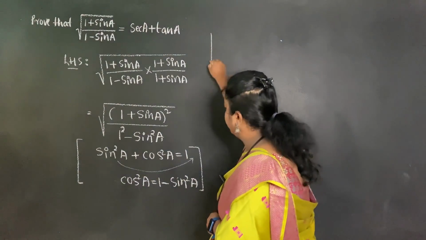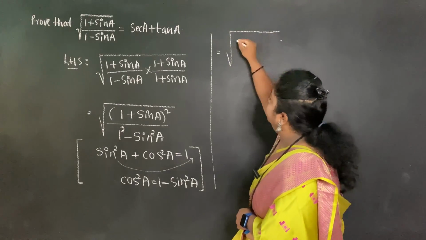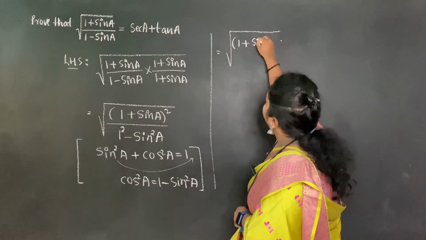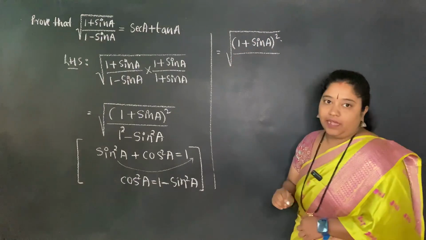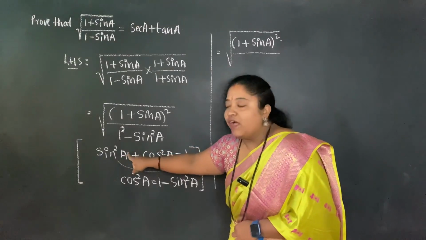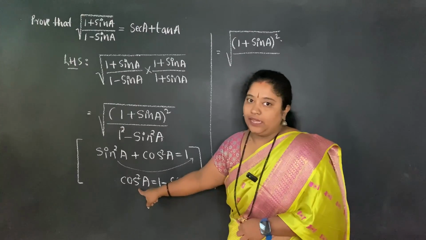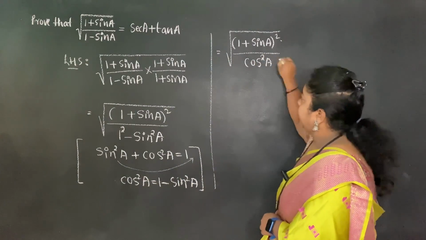Look at the board here. In the numerator, I'm not going to change anything. Numerator part, I have (1 plus sine A) the whole square, whole divided by, instead of 1 minus sine square A, I'm going to write cos square A. So in the denominator part, I have cos square A.